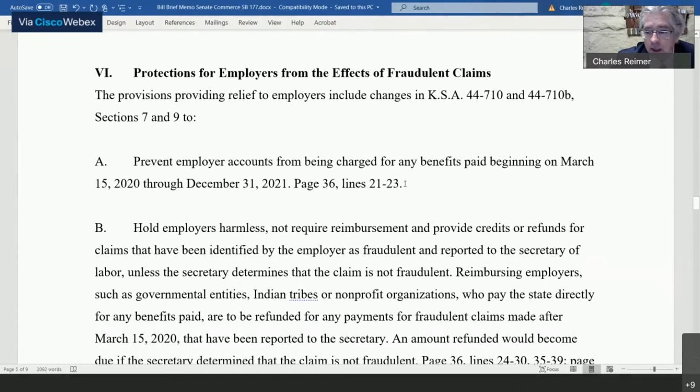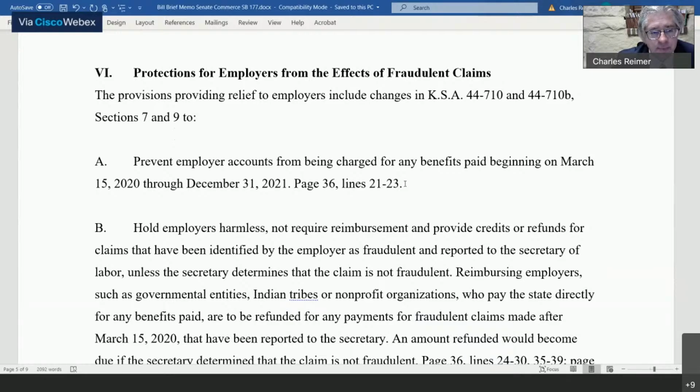There are a number of provisions for providing relief to employers based on the effects of fraudulent claims. As the committee is aware, that is a huge problem.